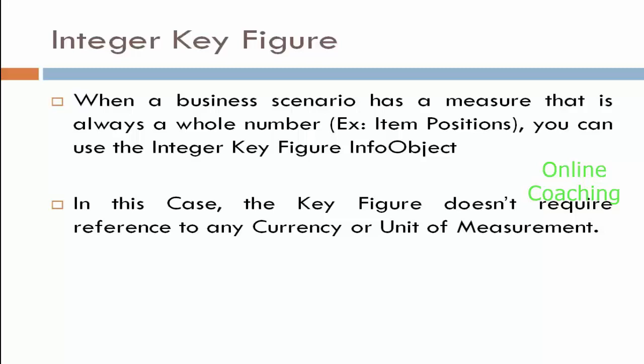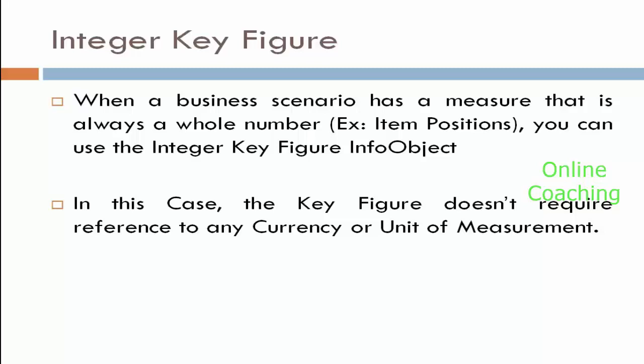When you're talking about a stock, we need a round figure. We never say that I received a stock of 2.5 or 50.75. Stock will always be a round figure, right? There won't be anything after the decimal point. In this kind of situation, I will go for integer.